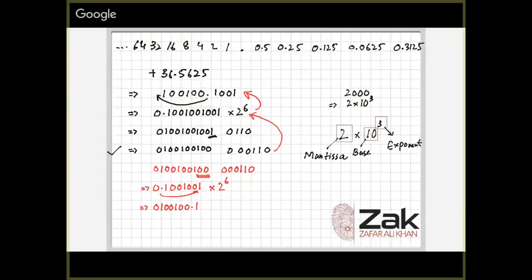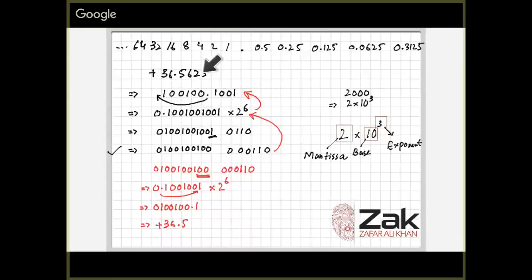And if we put the whole thing back, this point 1 means 0.5, and the rest would be 1, 2, 4, 8, 16, 32. So 32 plus 4, that becomes 36.5, and we have to put this plus.